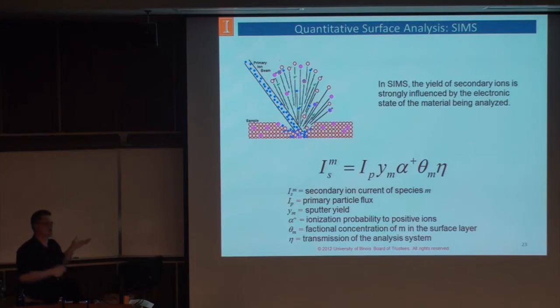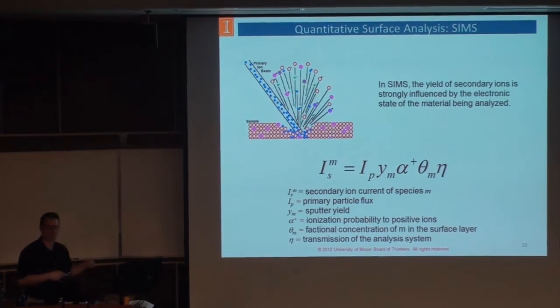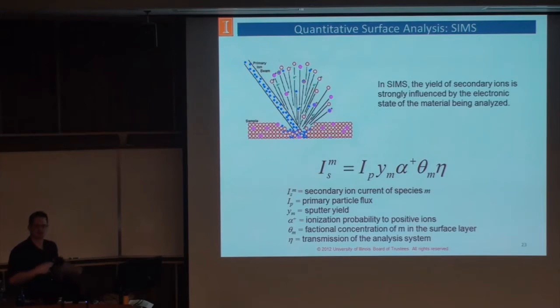So, okay, how many of what can we measure? In SIMS, the yield of the secondary ions can be strongly influenced by a lot of stuff, the electronic state of the material being analyzed being one of them. And so we can define an equation like Rick did with the Auger and the XPS, where the secondary ion current of species M, i.e. what we want to look at, maybe our dopant, is proportional to the primary particle flux times the sputtering yield, i.e. how many particles come out for each particle coming in, times the ionization probability, times the concentration on the surface, and then, of course, the transmission of the analysis system.